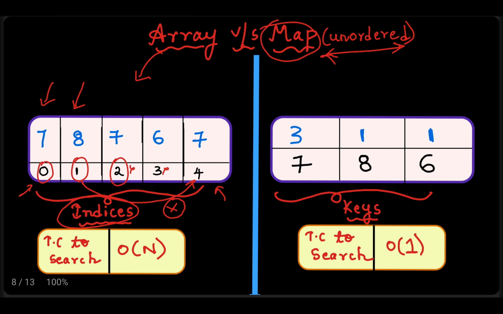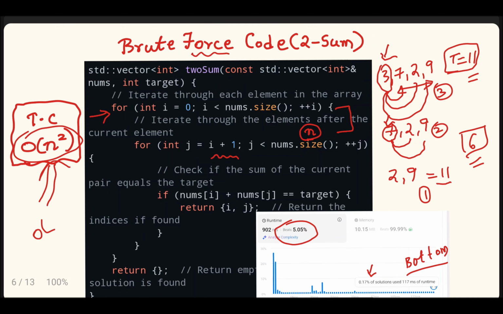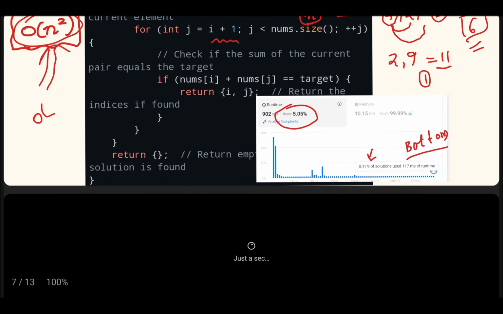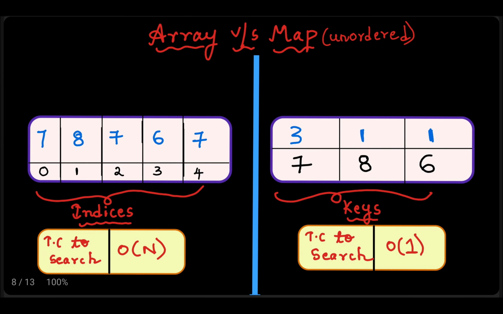But the map is one of the greatest data structures of all time created in computer science. Why is map so special? First, we shall understand how arrays work. Arrays have indices starting from 0 to the end, where we can store a value in each index.